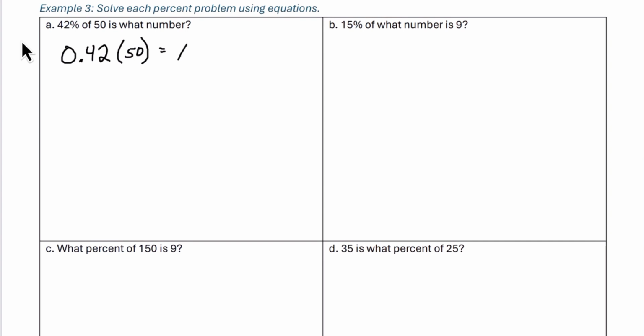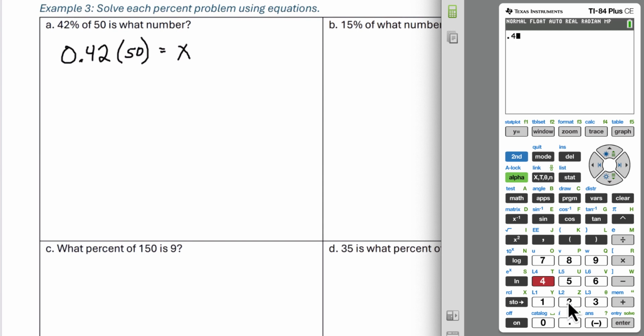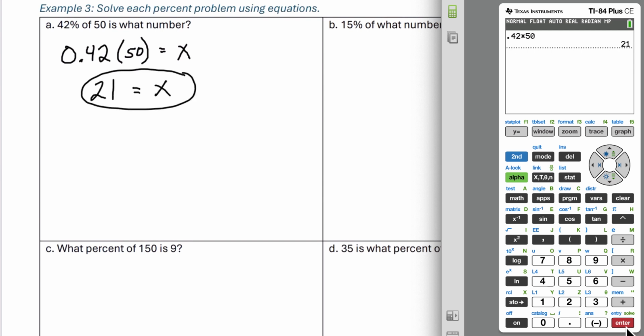What number? We don't know. We'll make it a variable, x. 0.42 times 50 is 21. So we get x equals 21. That means 42% of 50 is 21.